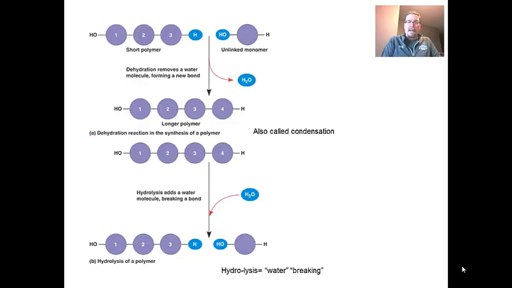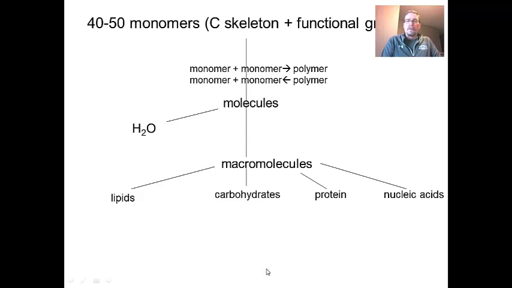Here's just a simple example of that. Here's a dehydration synthesis, you're making a polymer, where here, as you're breaking apart, it's the hydrolysis portion. Okay, so again, 40 to 50 monomers.